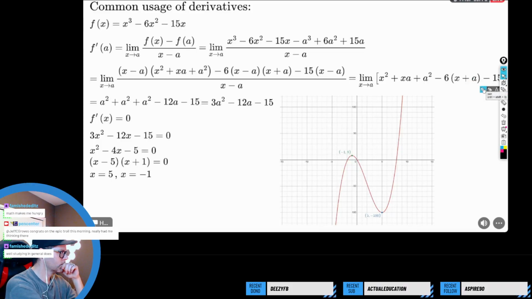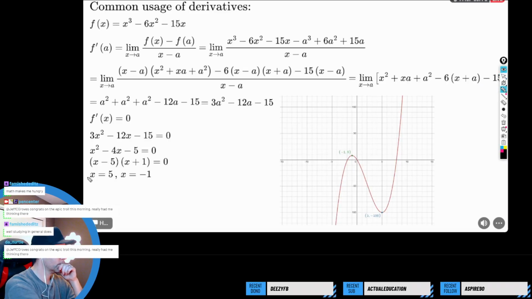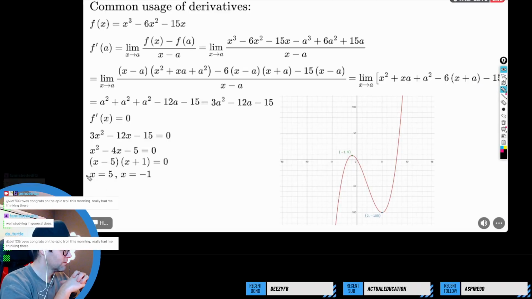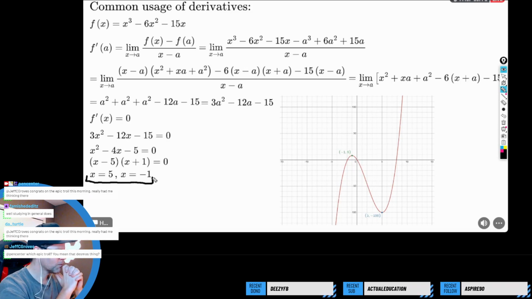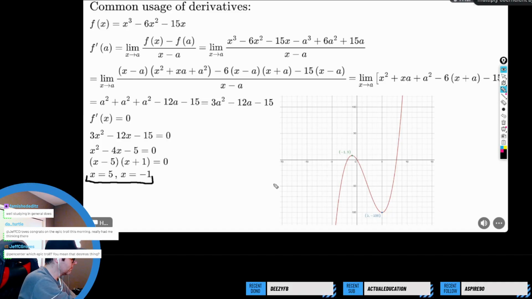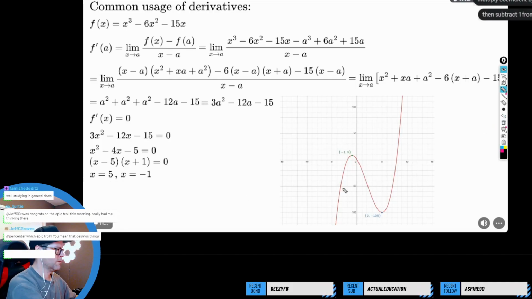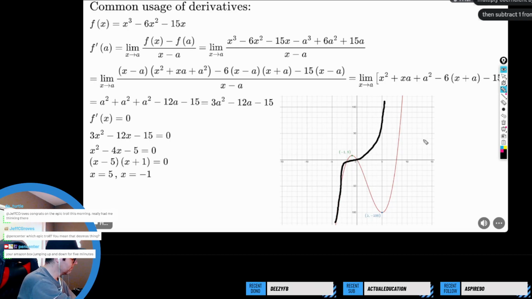Now, there is a little bit more that we need to do, because not every time that we get a 0 here, it means that the function has a minimum or maximum at this point. A very good example for this would be the function x cubed, which looks something like this.